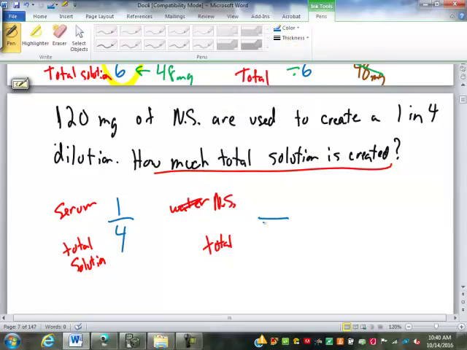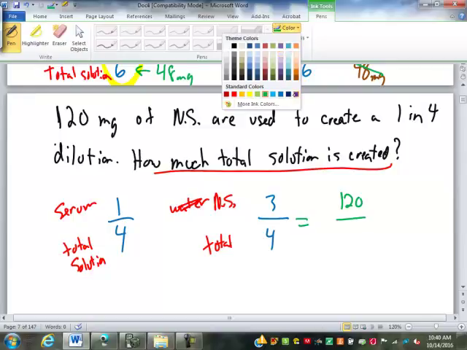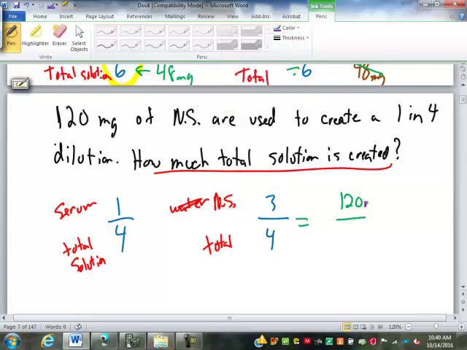So anyway, what's that ratio going to be? 3 to 4. Good. We still have 4 parts total. 4 minus 1 leaves us with 3 parts of water. So then we can put in the 120 on top. Cross multiply. That was milligrams, by the way. Cross multiply and divide is going to give us 160 milligrams of total solution.